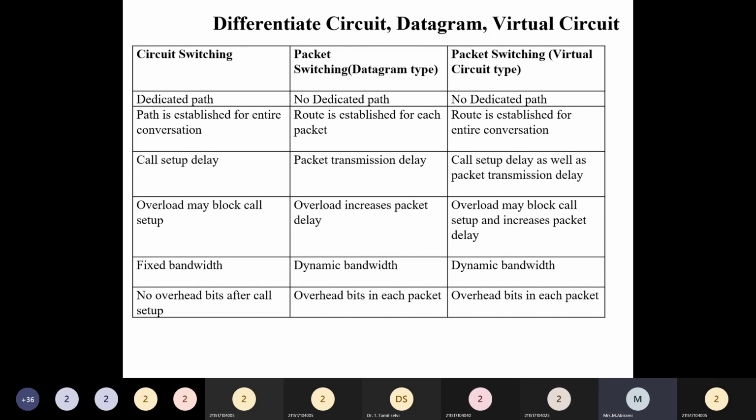Then fixed bandwidth, dynamic bandwidth. Here also dynamic bandwidth. So nowadays we use datagram type and virtual circuit type. No overhead occurs here; here overhead occurs; here also overhead occurs. So in a similar way, packet switching networks use datagram networks and virtual circuit networks.